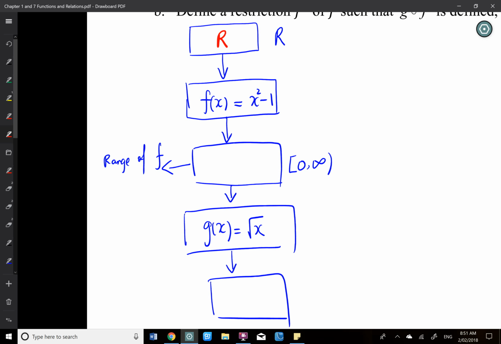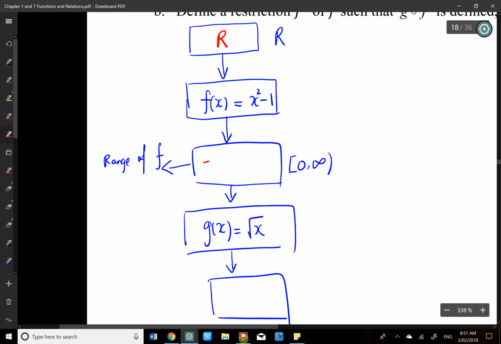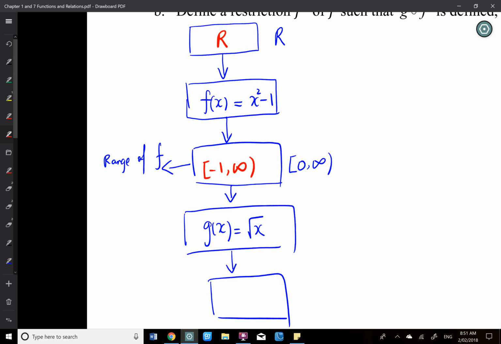what's the range for f(x)? Can you calculate that for me? So x squared minus 1, what's the range for f(x)? -1 to infinity. What's wrong? -1 to 0 cannot fit into g(x).